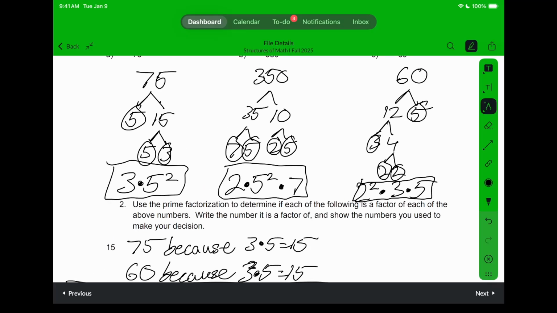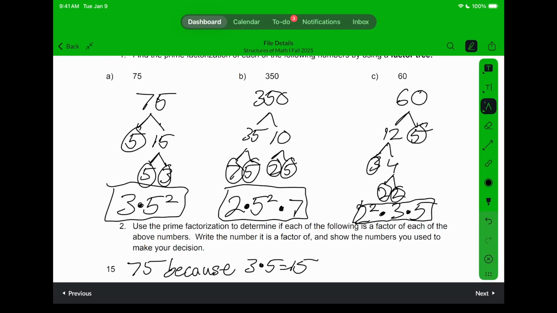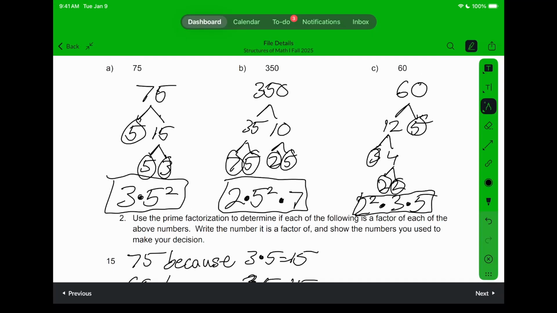So for 12, we're looking for like a 2 and a 6, or a 3 and a 4, or anything else that can make those numbers. So again, 75 has no even numbers whatsoever. We're not getting anything out of there. 350 has a 2, but doesn't have a 6, doesn't have a 3, nothing like that.